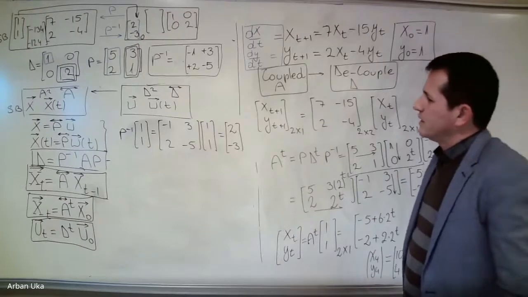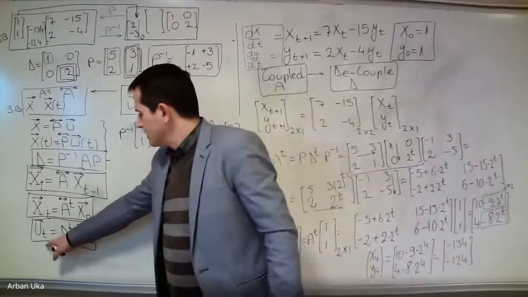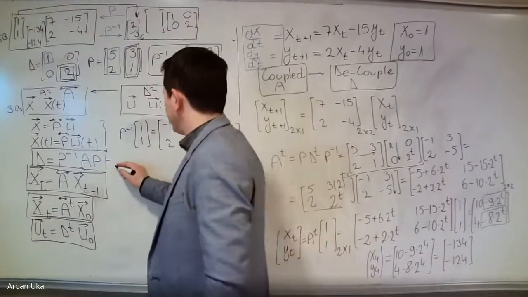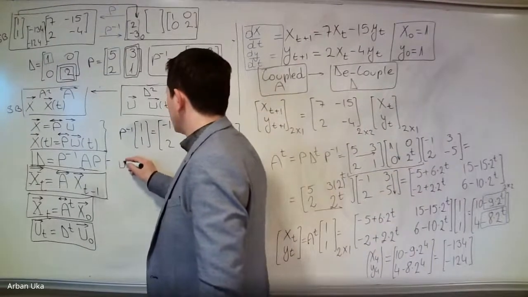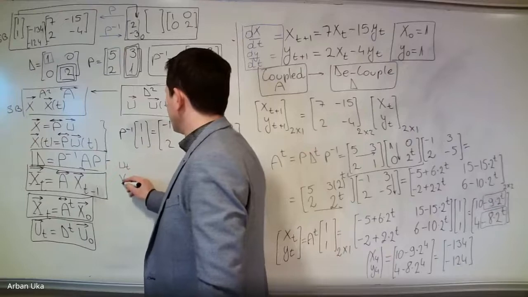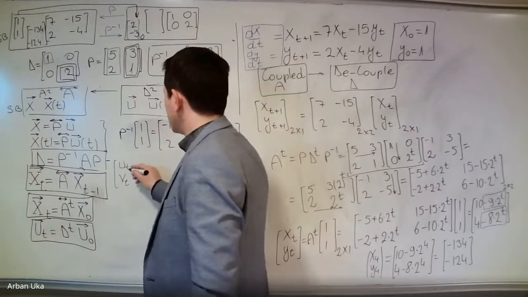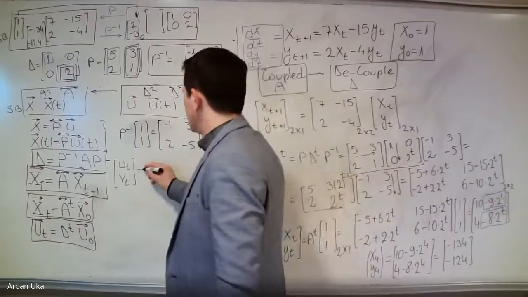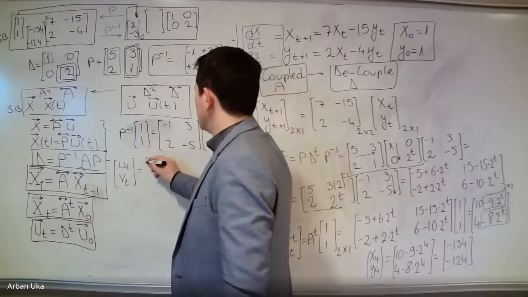So let's try to find what u_t is. Then u_t, which let's denote as (u_t, v_t), so let's assume this is not a single number, but it's composed of 2 entries. This will be equal to D to the power t.